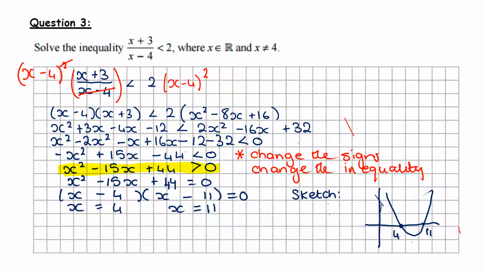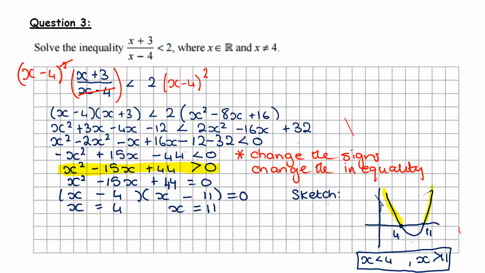So we're talking about where it's above the axis. So we have two bits. We have where x is less than 4, and where x is greater than 11. And that's our solution. Notice that it's in two parts on the graph, so there's two distinct ranges, and we end up with two distinct answers.